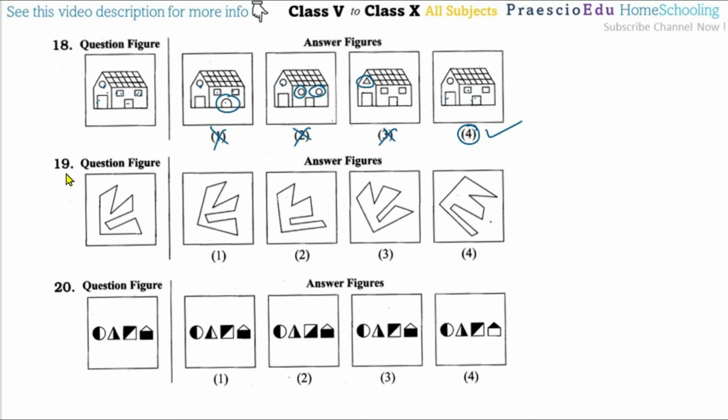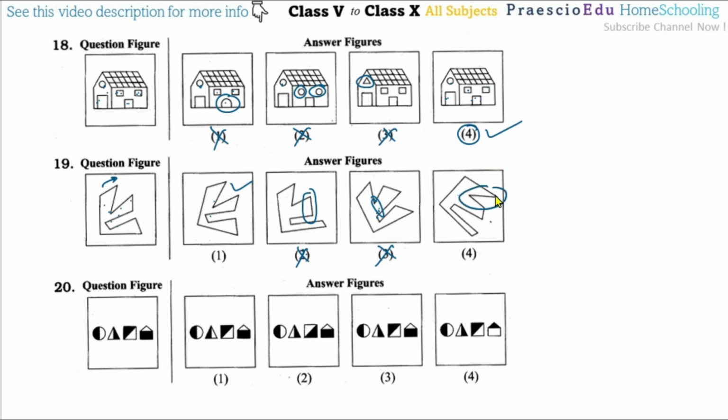Then question number 19. This and this are somewhat tilting, then this is perfectly matching. But if you observe for this question number 19, this shape and this one are different. And if you observe the distance between this one and this one, we can say this is a different one, so options number 2 and 3 are different.